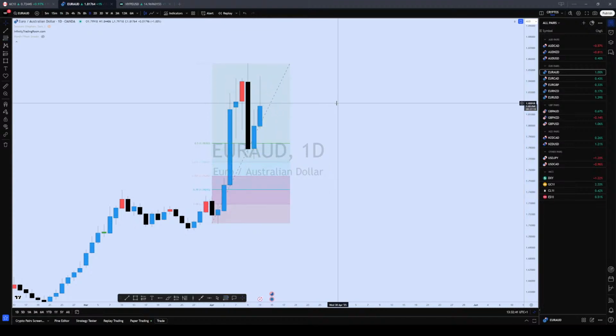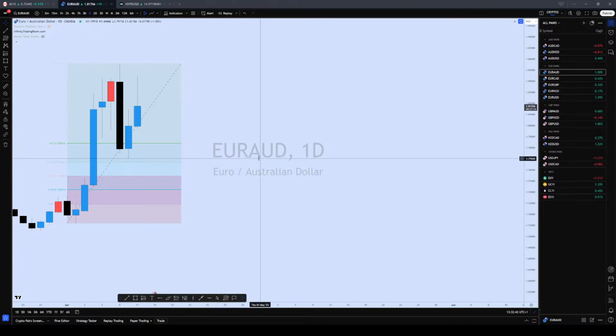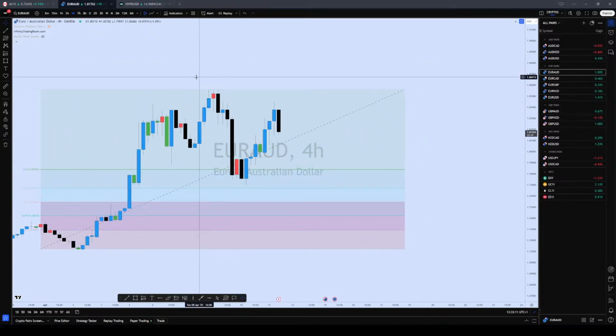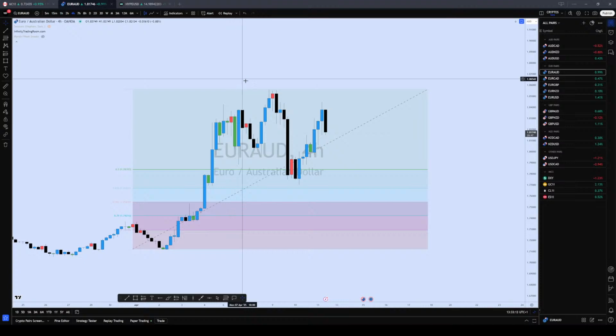Okay, now this is where I talk a lot about understanding fractals. Notice how this low to this high gives you a range, and then we had this candle breaking down to give you a confirmation we are going lower. With that candle, when you drop down to the lower time frame, then you can see what price is actually trying to do.